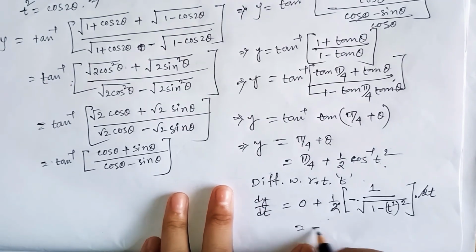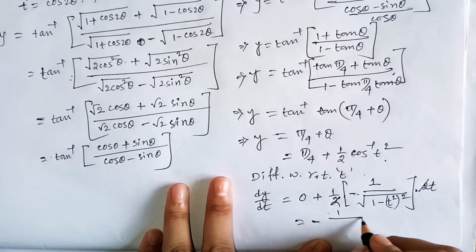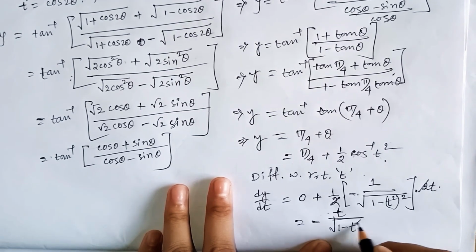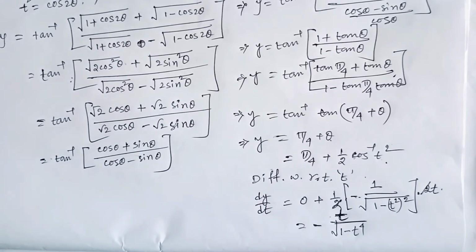Then the 2 cancels, giving minus t by square root of 1 minus t to the power 4. This is the answer. Thank you.